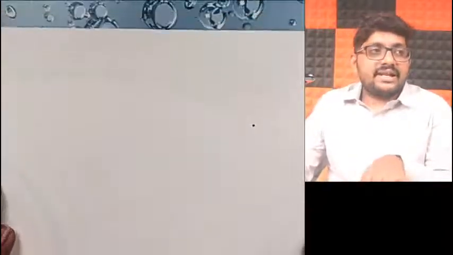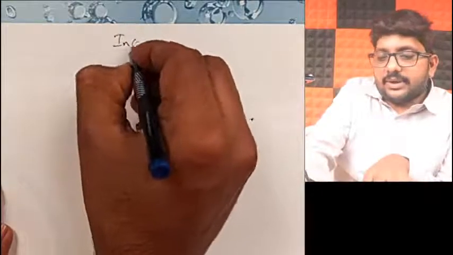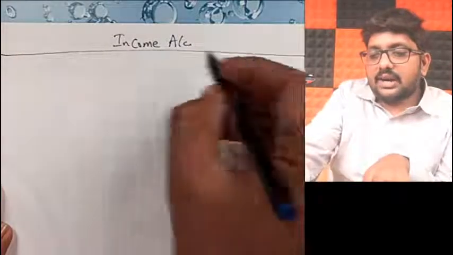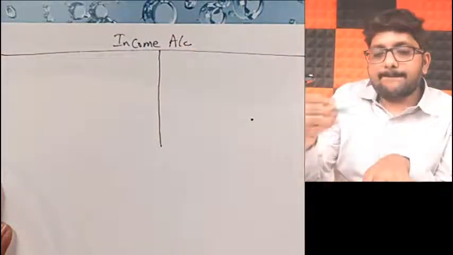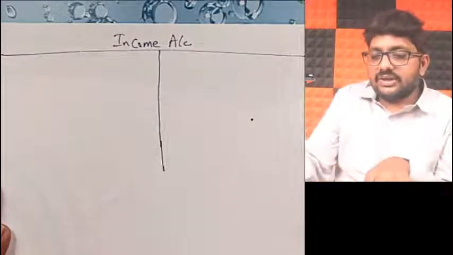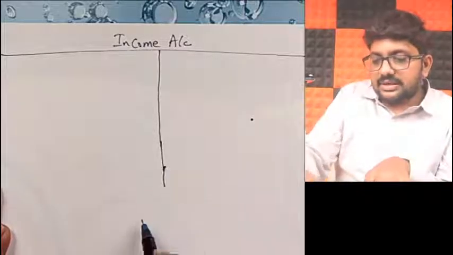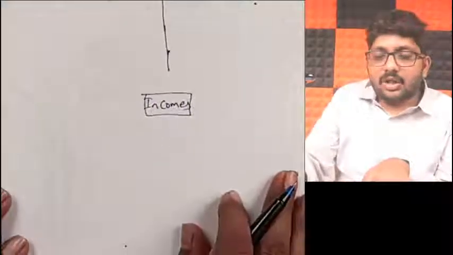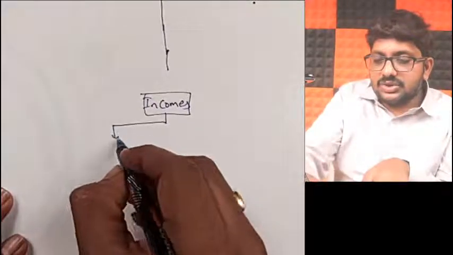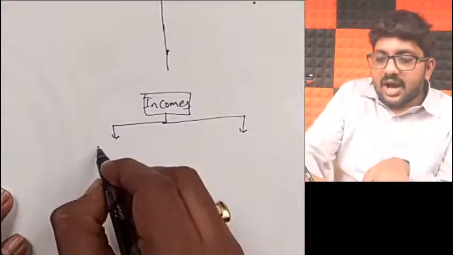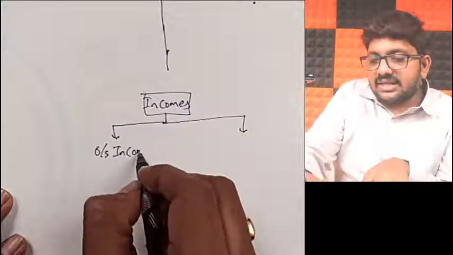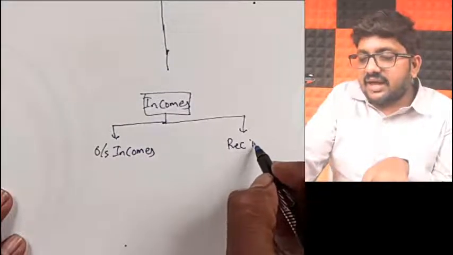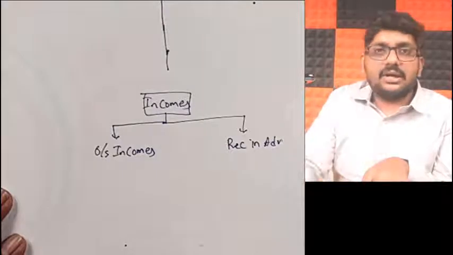Similarly, if you take an income account, friends, what will happen with an income account? So when it comes to incomes, you may have two parts: outstanding incomes, which means incomes receivable, and similarly incomes received in advance.